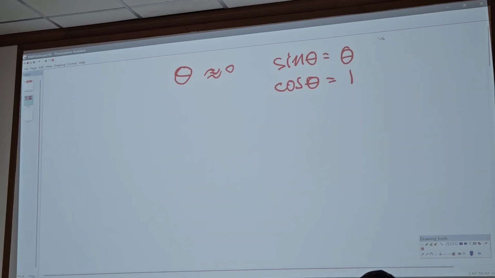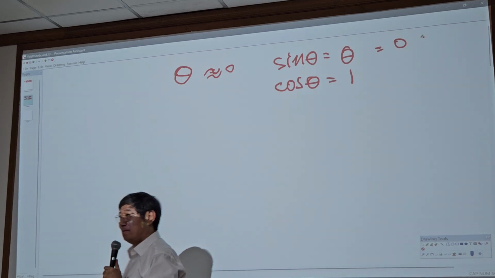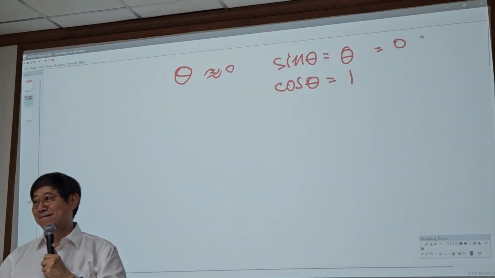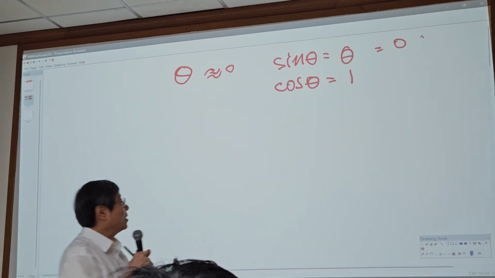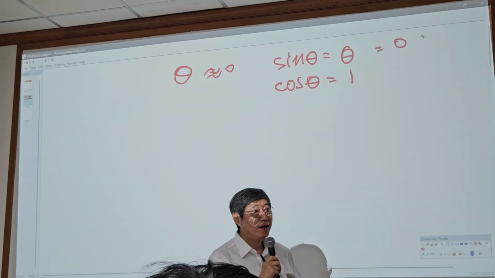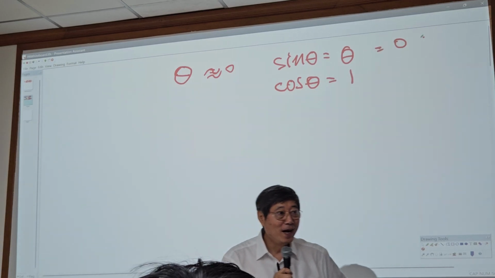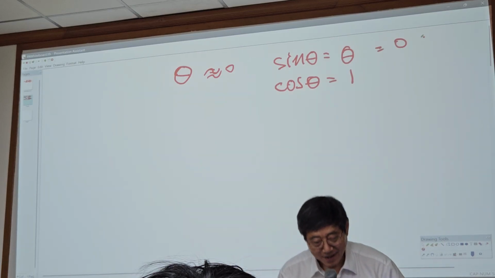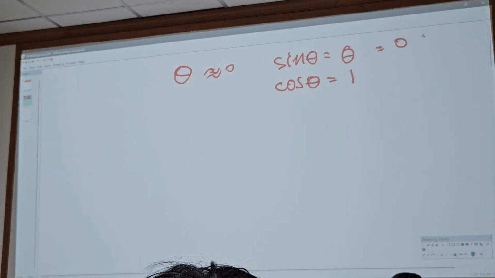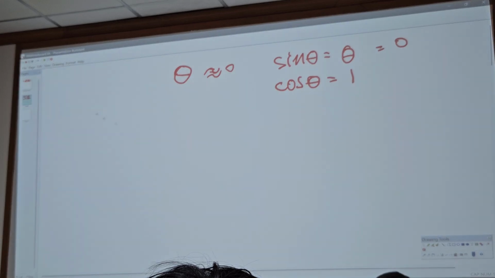Why not this one to be 0? It's not 0, it's almost 0. Can you prove that? You can do it using the graph, or you can put in the values instead. Also, Professor, you can use the limit: limit of sine theta divided by theta is equal to 1.